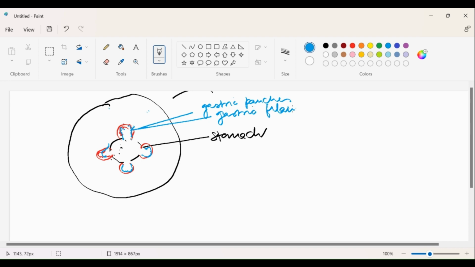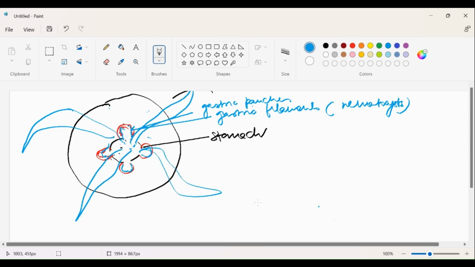And the filaments bear nematocysts. Okay, suppose we are making a jellyfish, so it has oral arms also. The polyp has a small membrane.